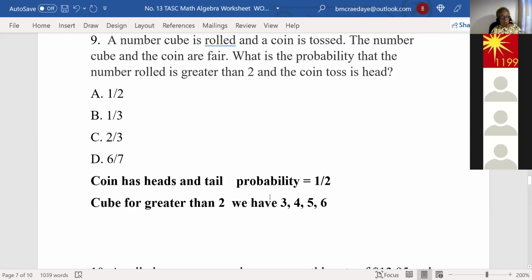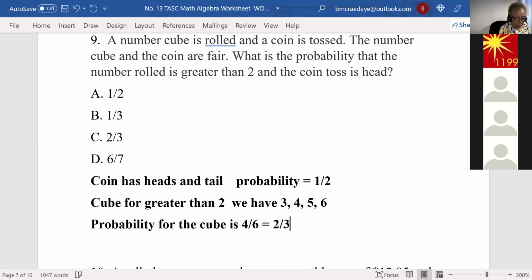But the total is 6. A cube is 6 sides, right? So that means we have 4 over 6. So the probability for the cube is possible over total, which will be 4 over 6, which is equal to 2 over 3.